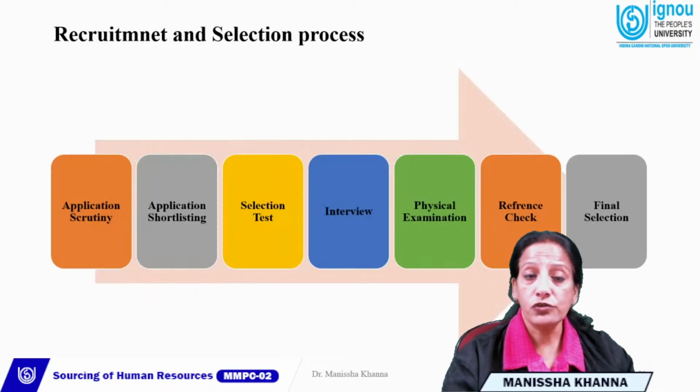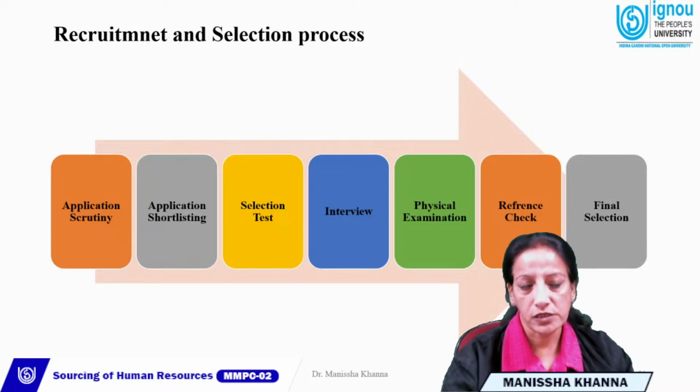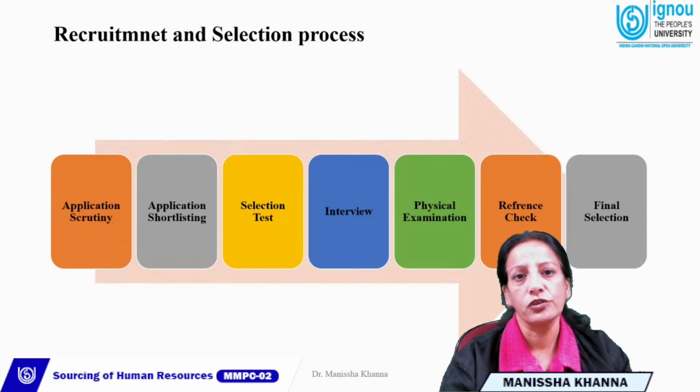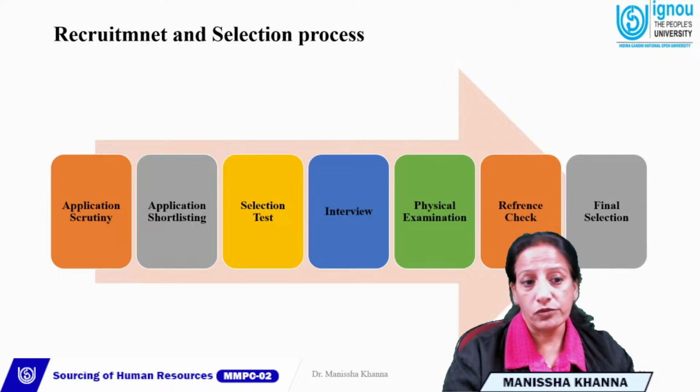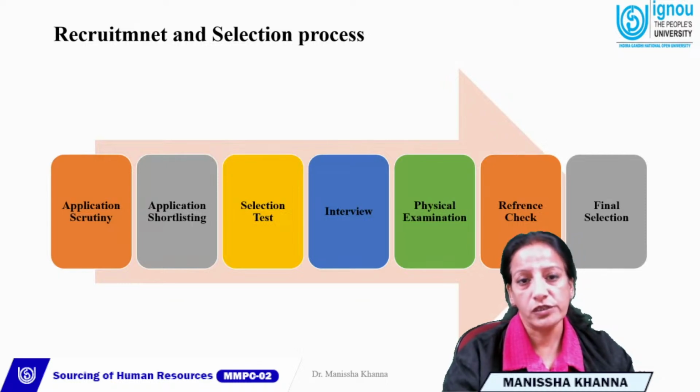So application scrutiny is done at a very initial stage. After that, the application shortlisting is done. For example, for a posting of one job, the HR department receives 500 resumes. Out of that, 100 resumes are shortlisted for that particular job.